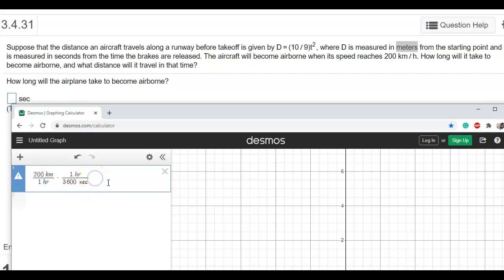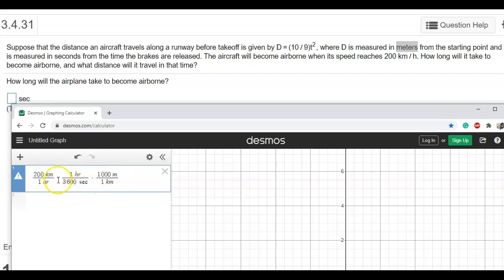Then I'll also want to get meters instead of kilometers. So I'm going to need to multiply this by, in 1 kilometer there are 1,000 meters. So my conversion to get from 200 kilometers an hour to some amount of meters per second would be this product.